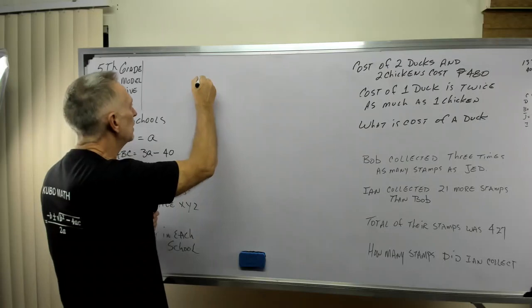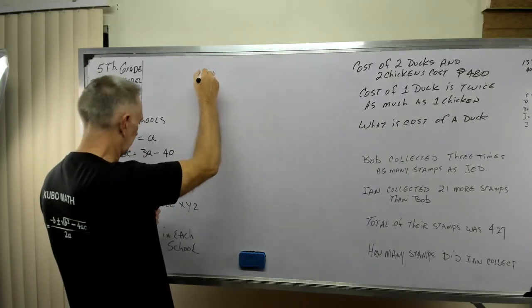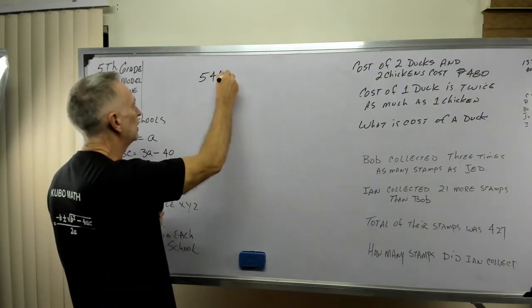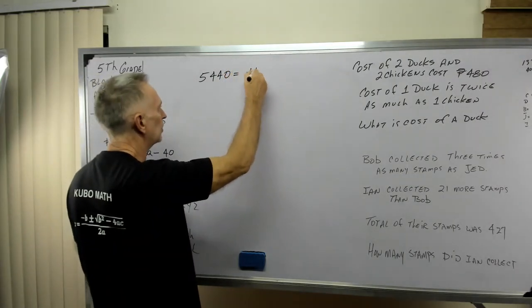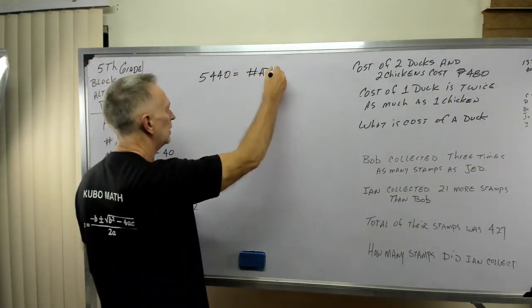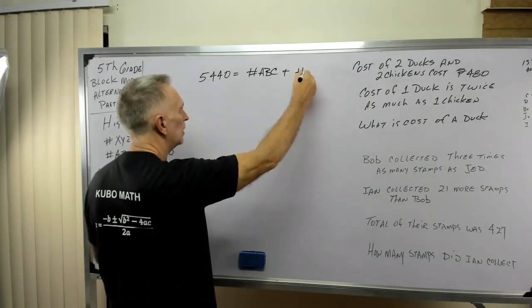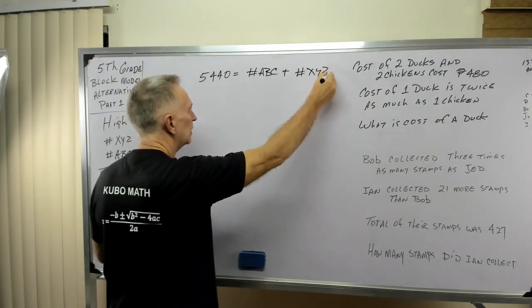Now, think about this. You had 5,440, and that equals the number in ABC plus the number in XYZ.